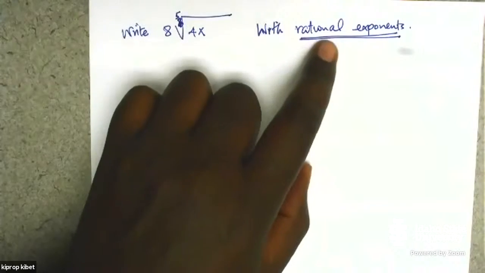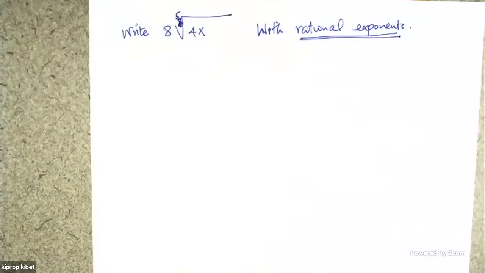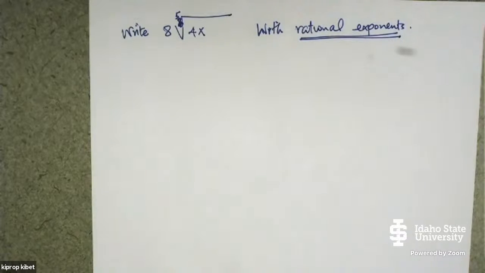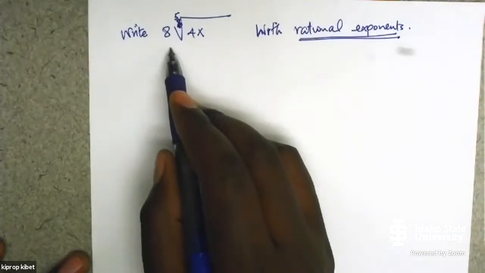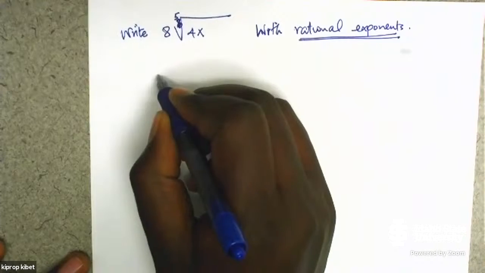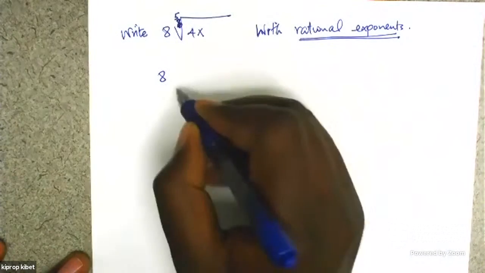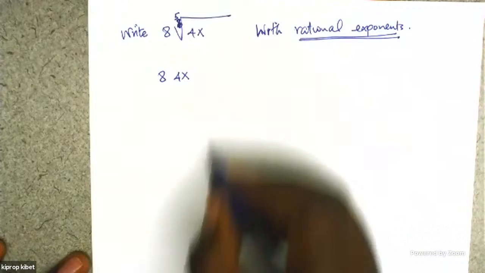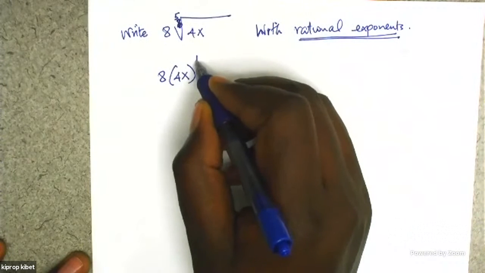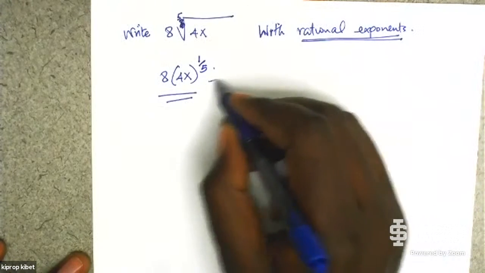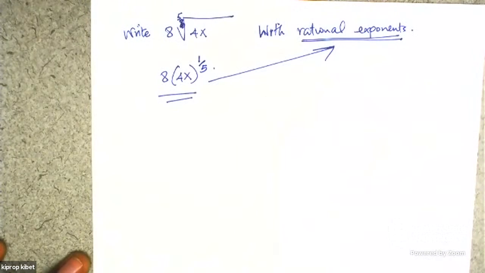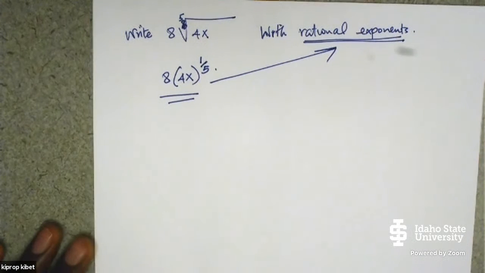Now you're told to write it in exponential form. Again, using that property, we can write this as 8 times 4x raised to 1/5. So this is now in rational exponents.